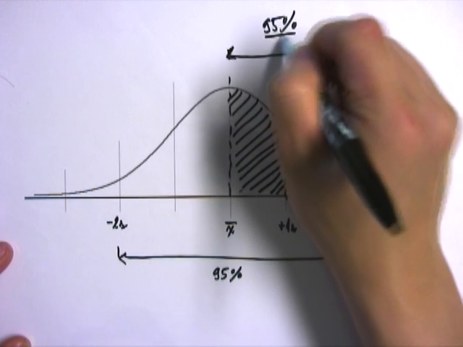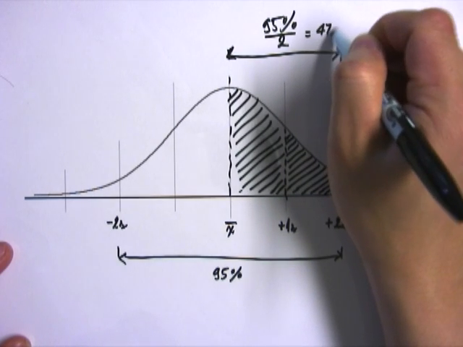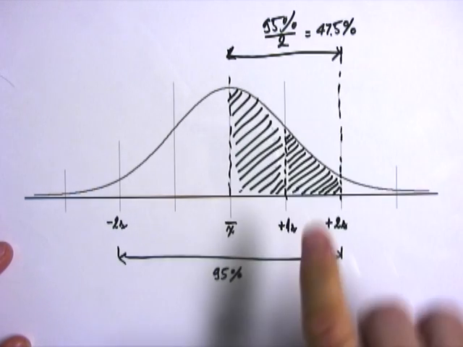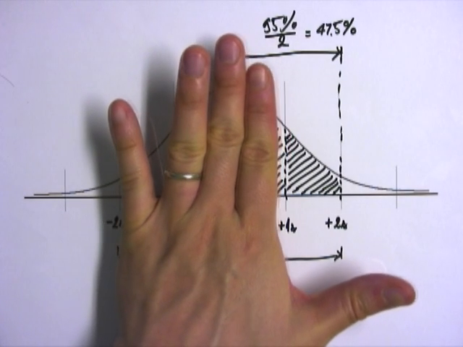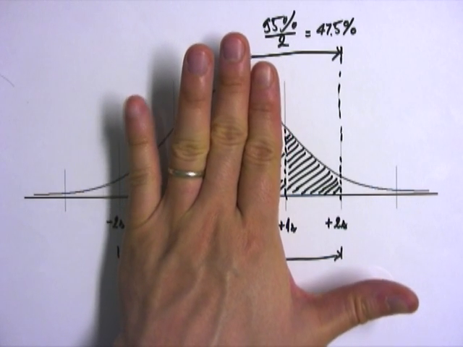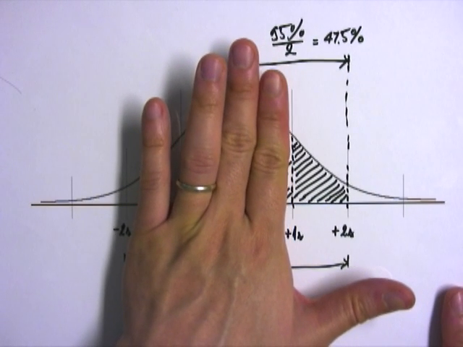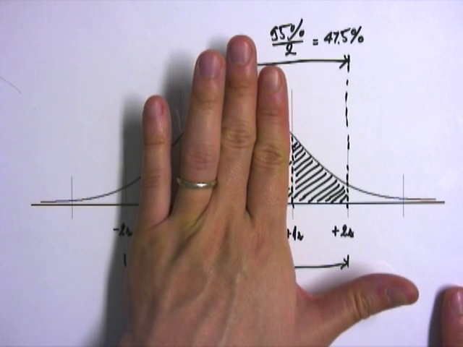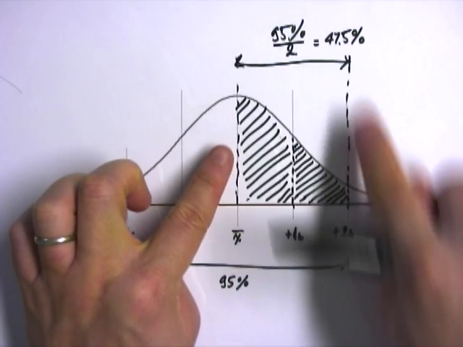So we have 95 divided by 2, and that's going to give me 47.5%. So all that shaded area right there is 47.5%. The area from the mean up to 2 standard deviations above the mean is precisely that large area, 47.5%.